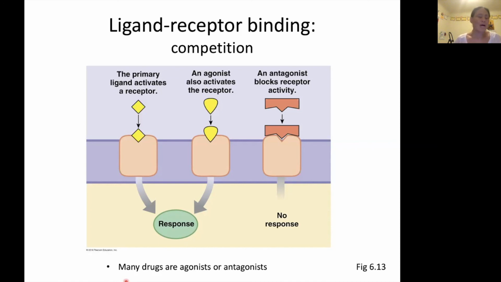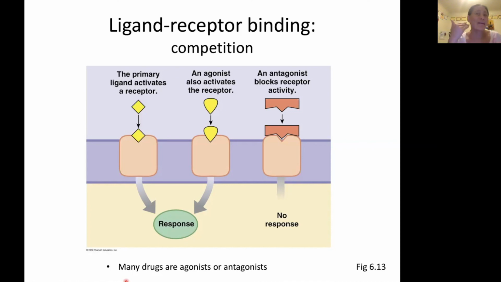And then antagonists, well, there are a lot of them, but one example is beta blockers, which you may or may not have heard of. Beta blockers bind to these receptors that usually lead to an increase in heart rate, okay?